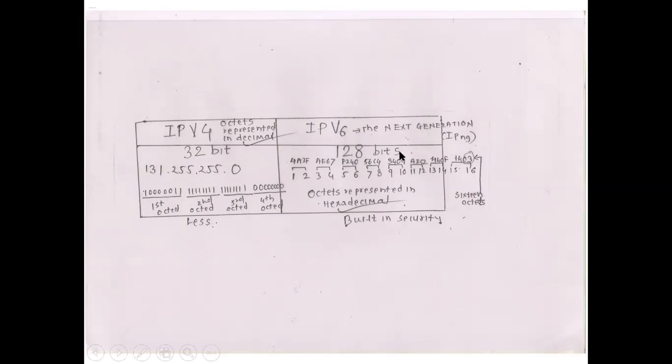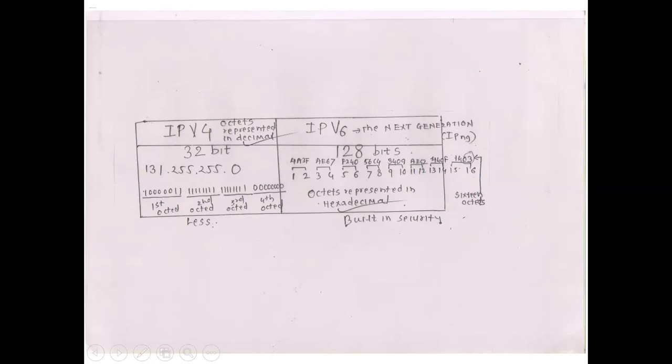Just as IP version 4 is represented by 32 bits, that is 4 octets, IPv6 is represented by a 128-bit number, and basically 16 octets are used.